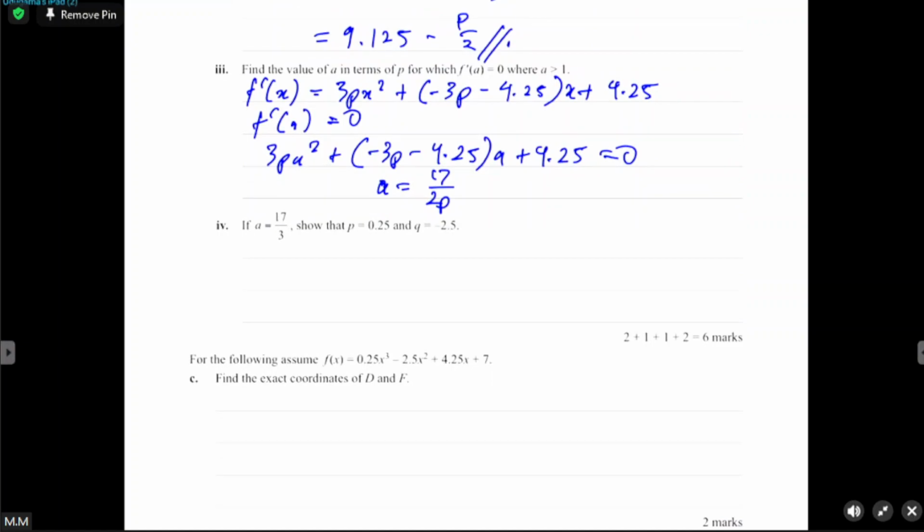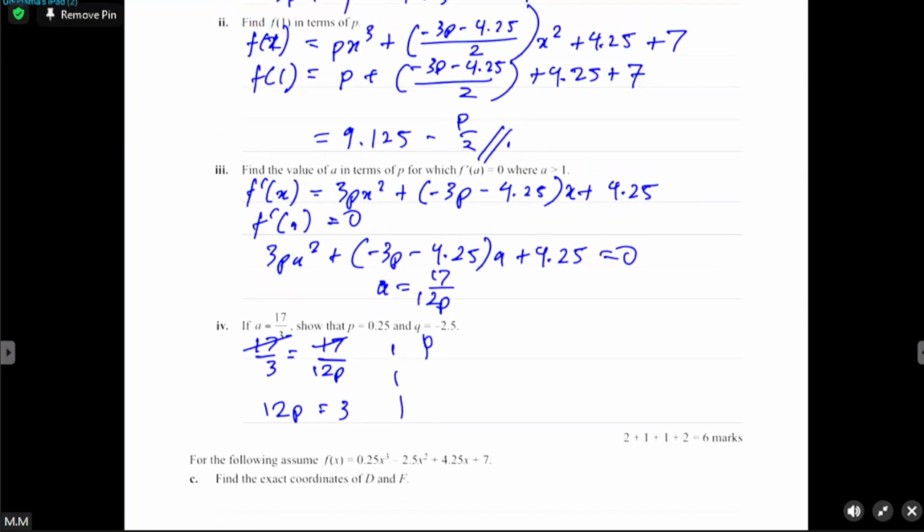If a is 17 on 3, that means 17 on 3 is equal to 17 on 2p. 17 goes, 2p is equal to 12p, sorry. 12p is equal to 3, and p is equal to a quarter, which is equal to 0.25.